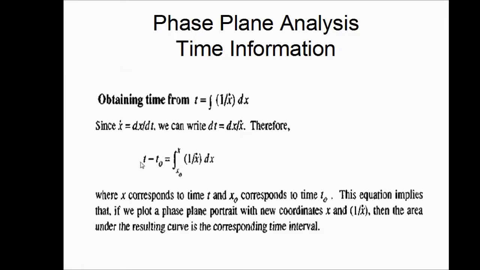So the time difference between two locations, t0 and a future location t, is simply the integral of dx by x dot. So just draw the 1 over x dot curve as a function of x. The area under that curve gives the time consumed. So if we plot a phase plane portrait with new coordinates, x and 1 over x dot, then the area under the curve is the time interval.